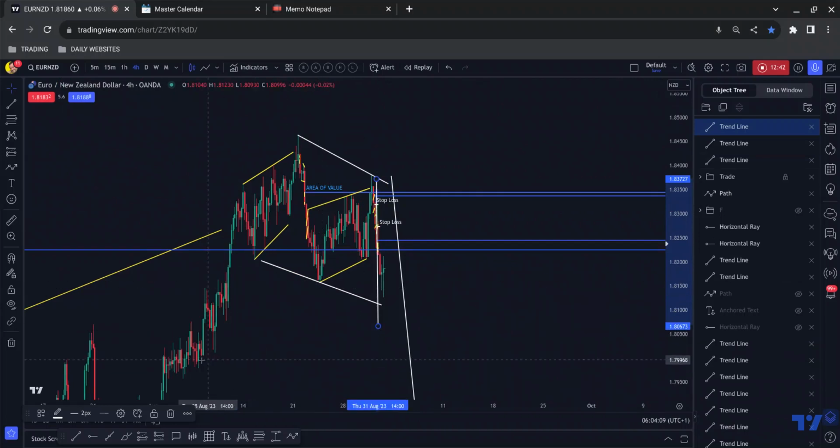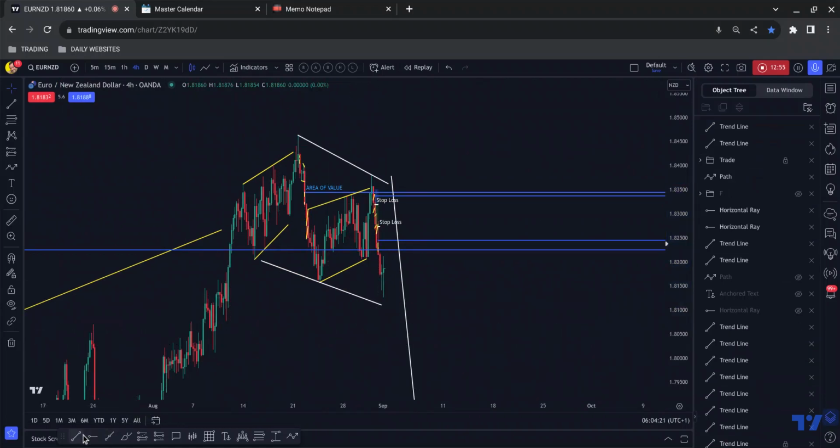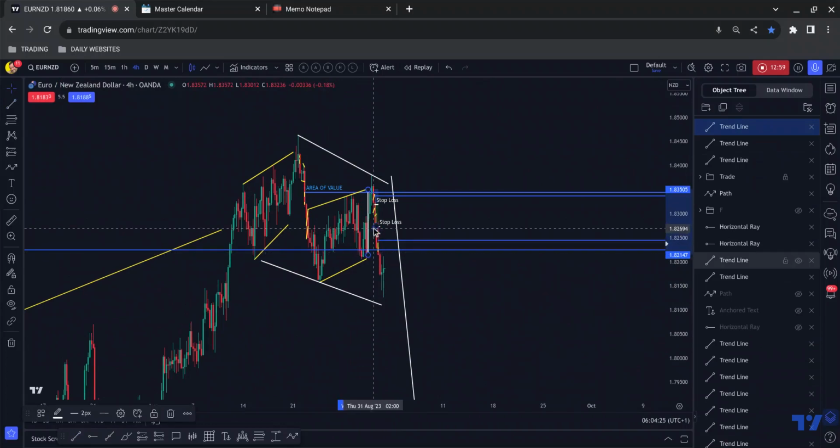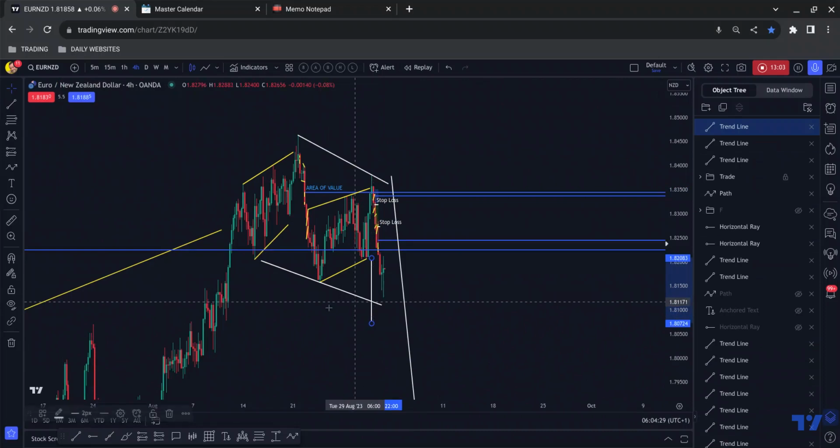We have the impulse correction continuation. If this is an impulse correction continuation to get long, the second impulse within an impulse correction continuation is usually of a similar length to the first, which would take us down to this inflection point here. Also, if we measure this middle section and assume that it would be of a similar length, so we take it on the break, that also lines up with that inflection point there.